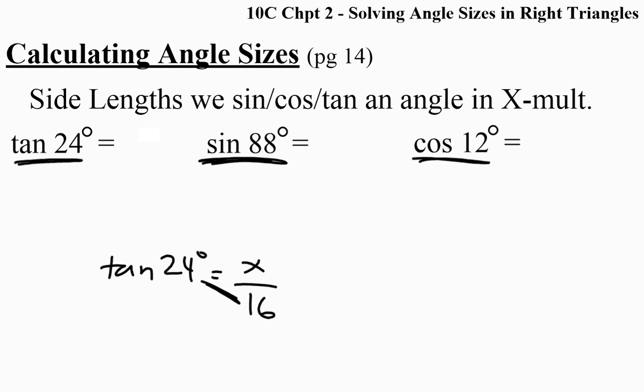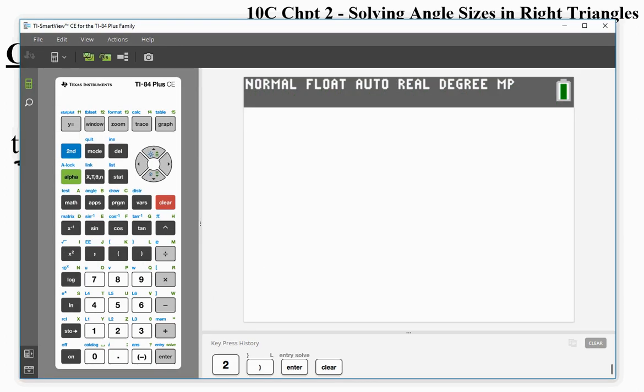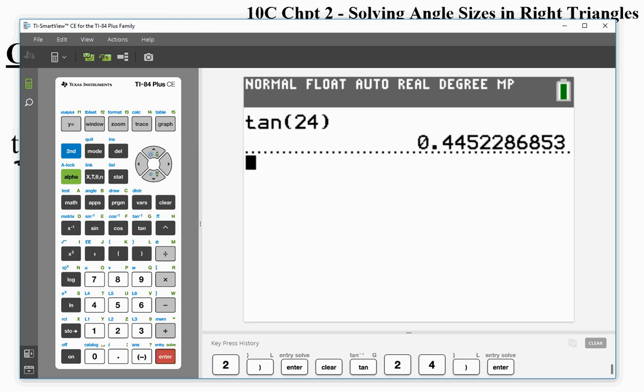However, you will see with the calculator that when we just do tan of 24 degrees, it's an actual decimal value. It's not like the tan 24 is magical, it's a value.